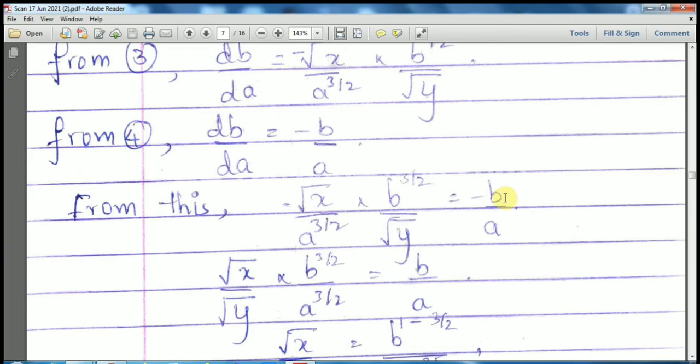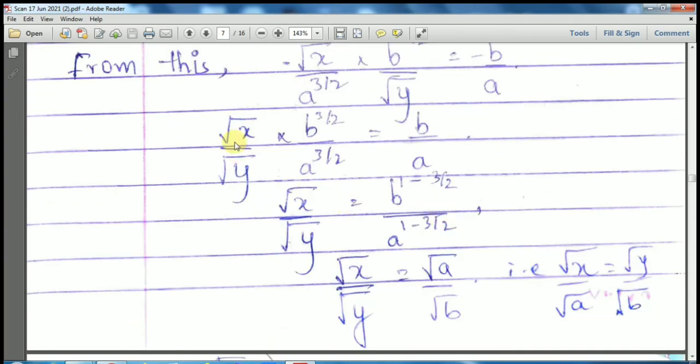Minus minus can be cancelled. So root x by root y equal to, here b raised to 1 is there, here b raised to 3 by 2 is there. So we can take this to this side, it will come to the denominator, which implies b raised to 1 minus 3 by 2 will come like this.